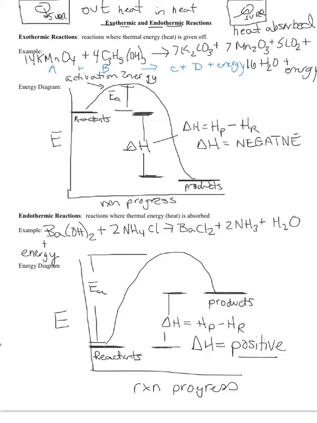The last thing I want to leave you with is to go back to these simple terms again. Something that's endothermic absorbs heat from the surroundings. It's going to feel cold.